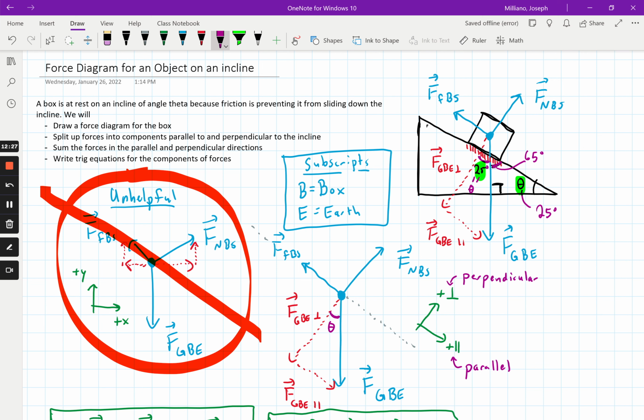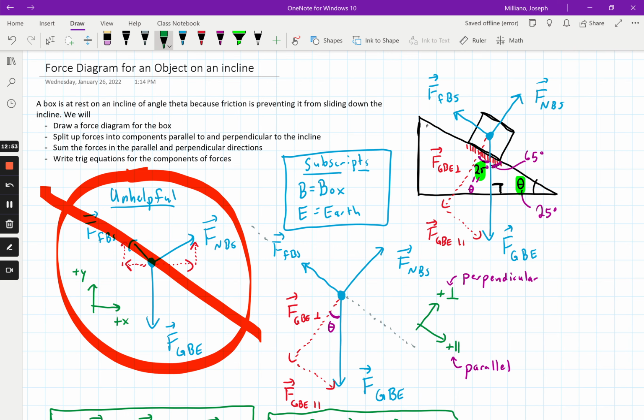A little hint here is that you should always, when you're drawing your force diagrams for inclines, go in the perpendicular direction first and then go in the parallel direction. If you do that, then you're guaranteed that the angle of incline will show up right there as the angle theta in your picture.